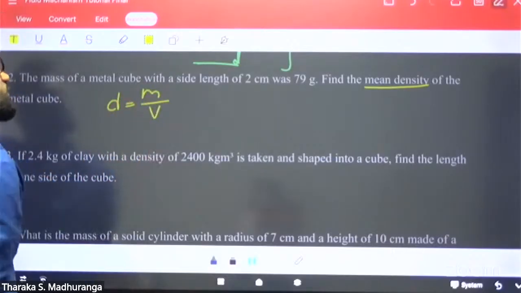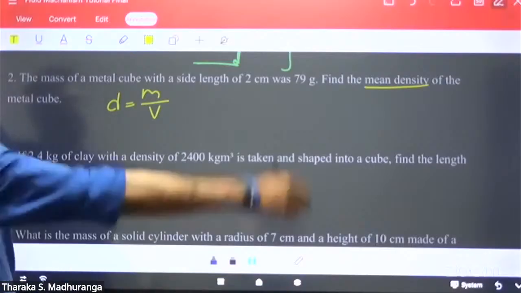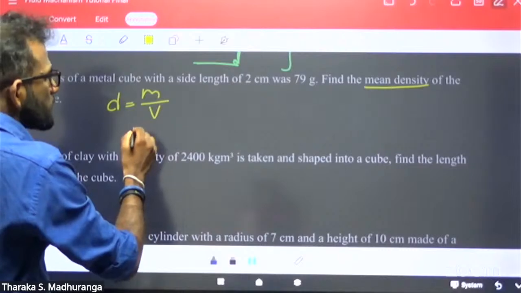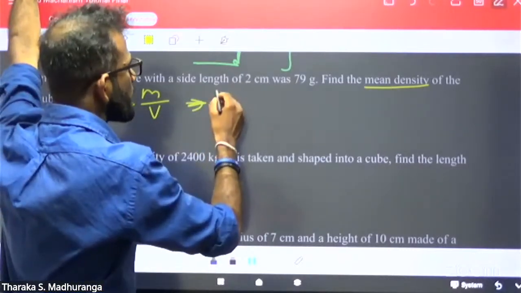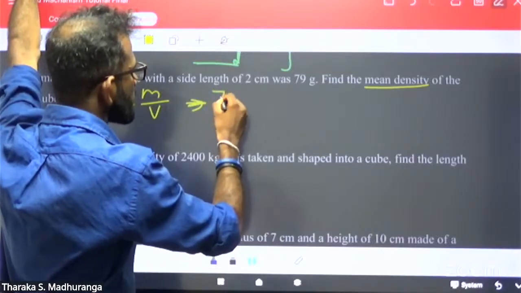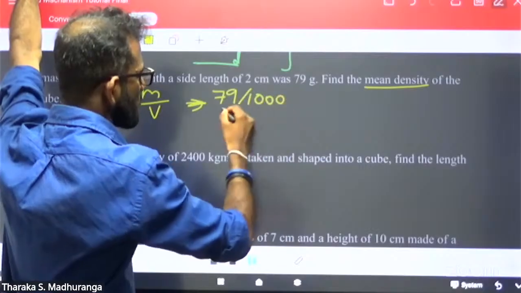The density is the mass within a unit volume. First of all, the mass is given, 79 grams. You can convert 79 gram into kilograms: 79 over 1000. This is the mass in kilogram.